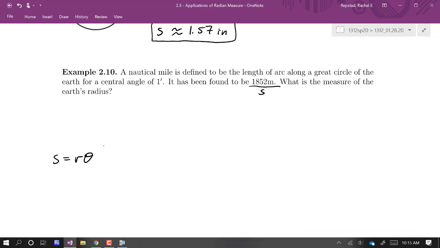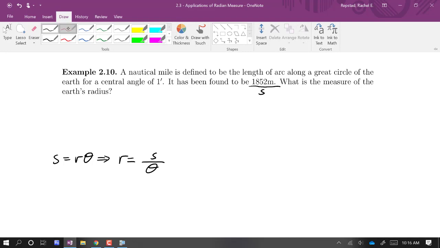We could do some algebra here. We know that if S is equal to R theta, then R is equal to S divided by theta.